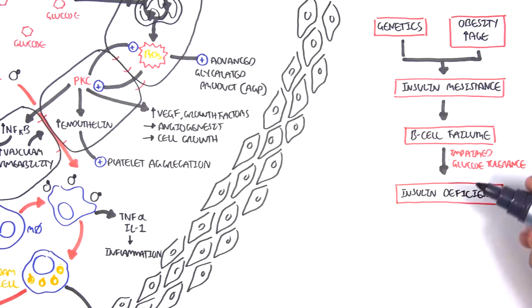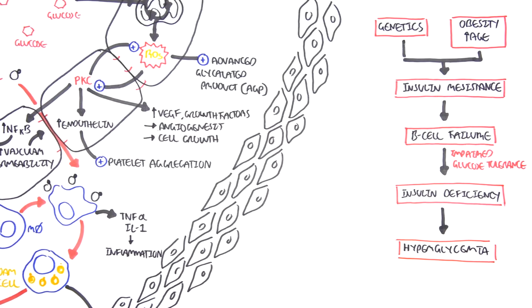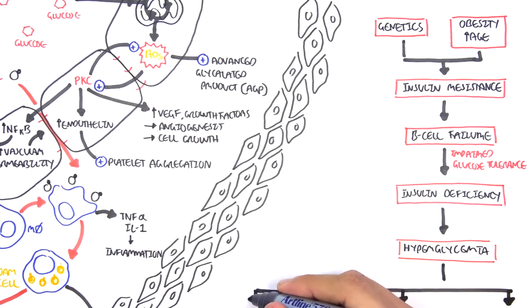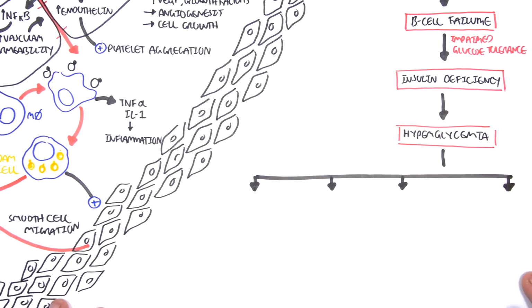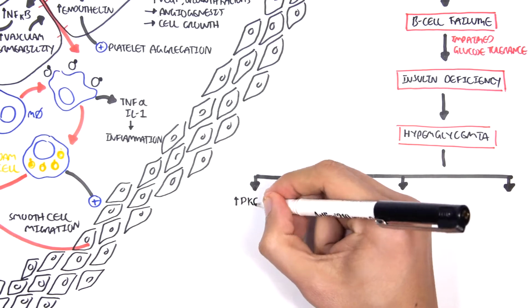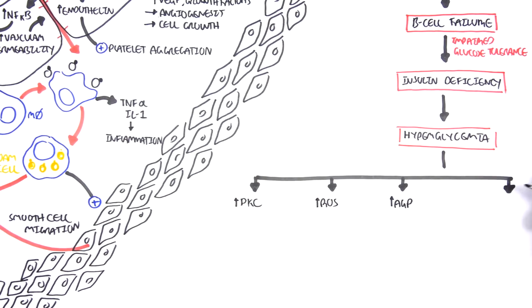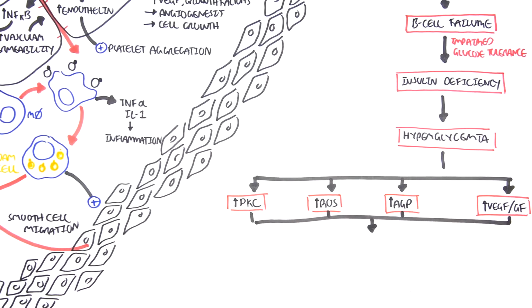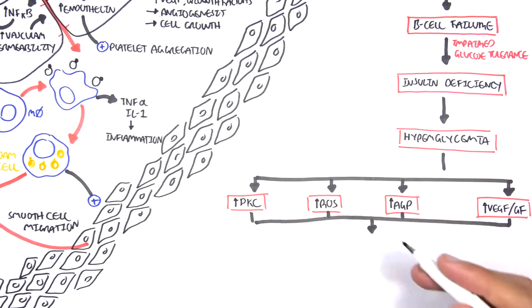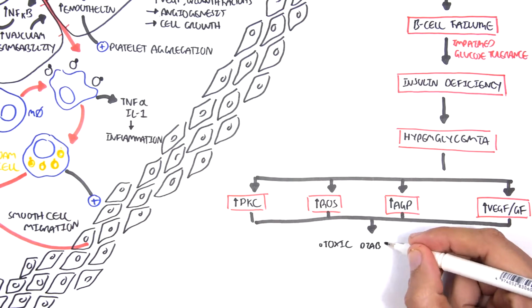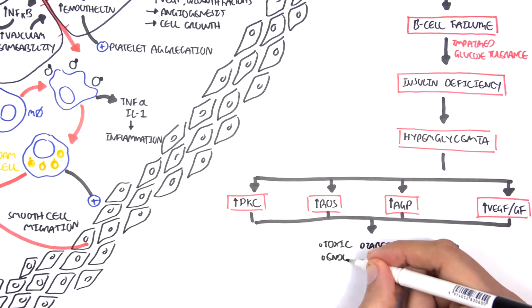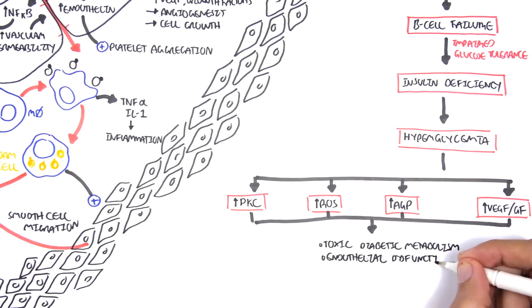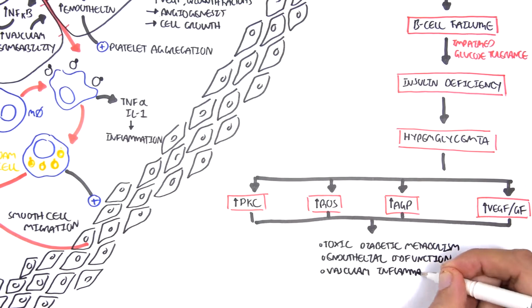Insulin deficiency results in hyperglycemia or high blood glucose. With high blood glucose, the glucose enters the endothelial cells of the vessels, resulting in the formation of or stimulating the function of protein kinase C, reactive oxygen species, AGP, and VEGF, and other growth factors. All this causes toxic diabetic metabolism, endothelial dysfunction, and vascular inflammation.